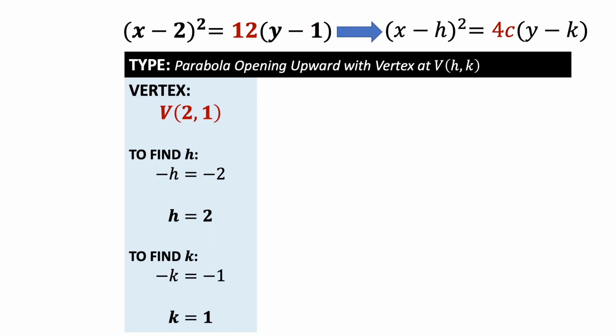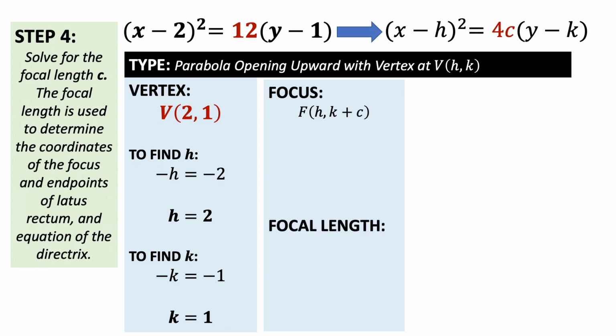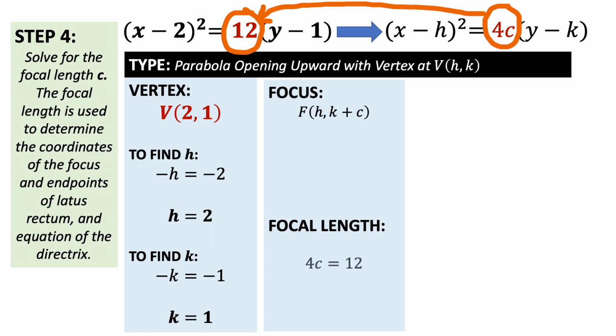Now, we will use the formula (h, k + c) to solve for the coordinates of the focus. However, the formula requires the focal length of our parabola. To solve for the focal length, we will do the same procedure in the first example. We let 4c equals 12.